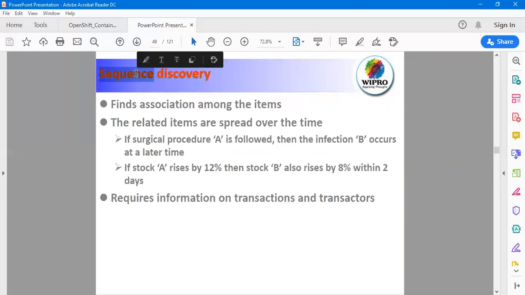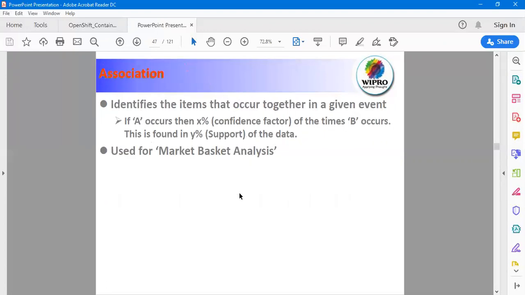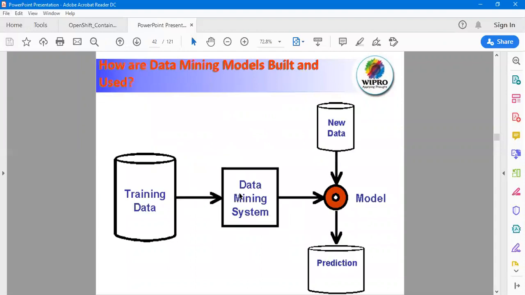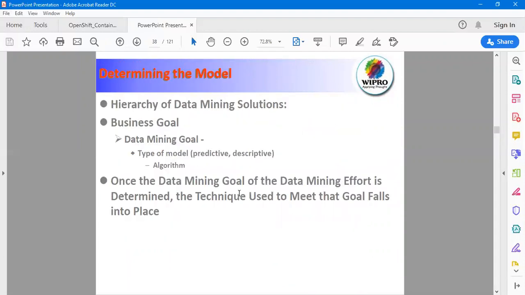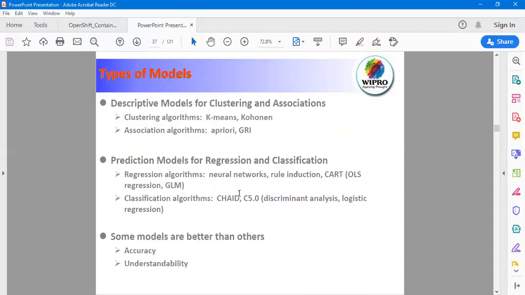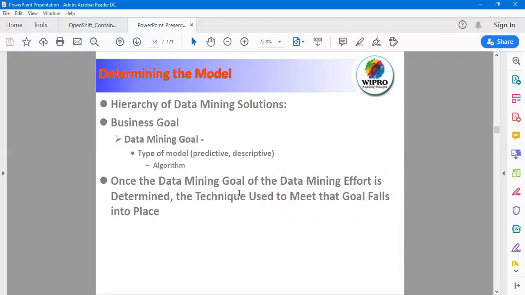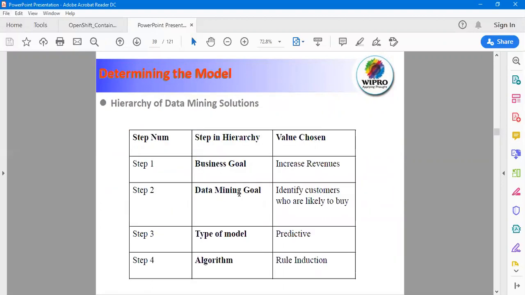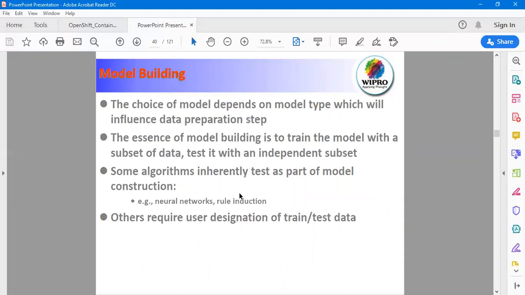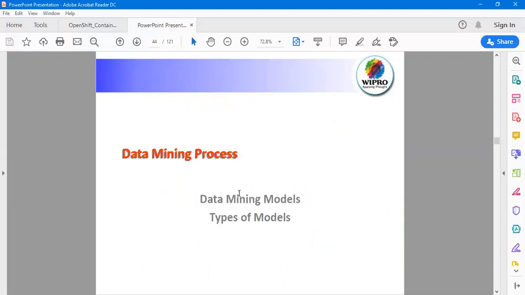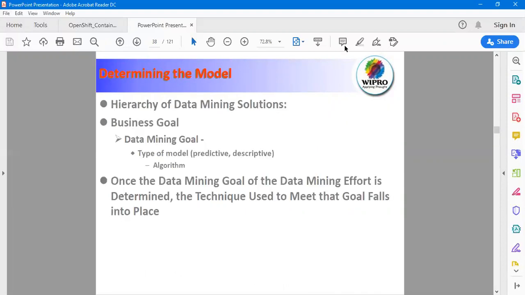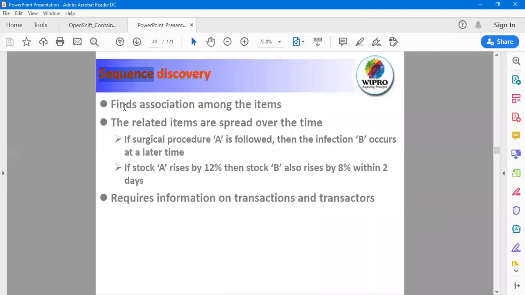So sequence discovery, as said earlier, is used to find associations among the items.